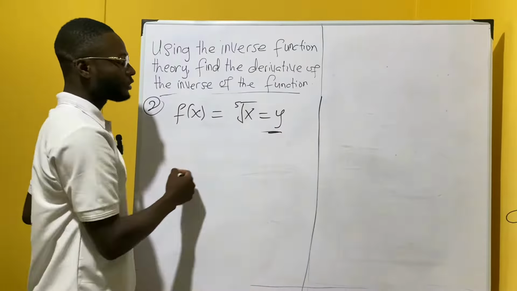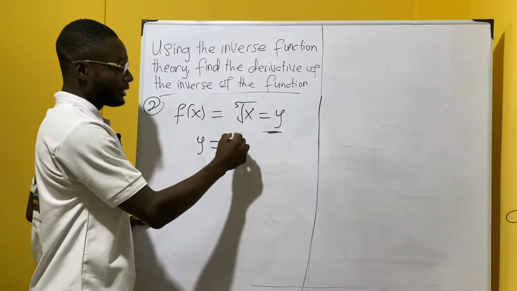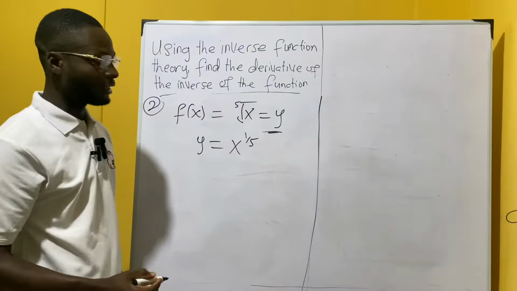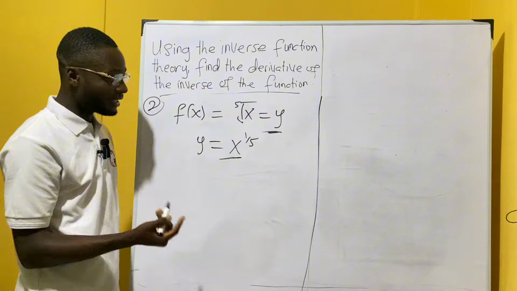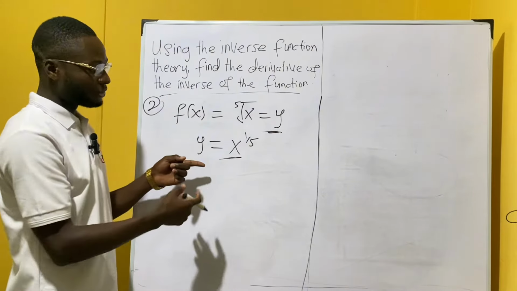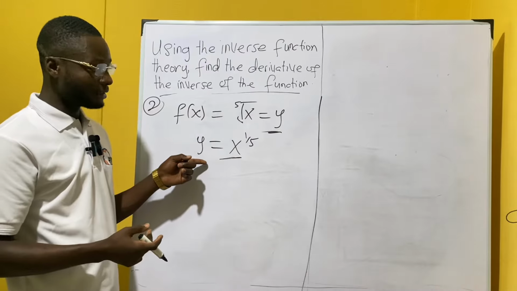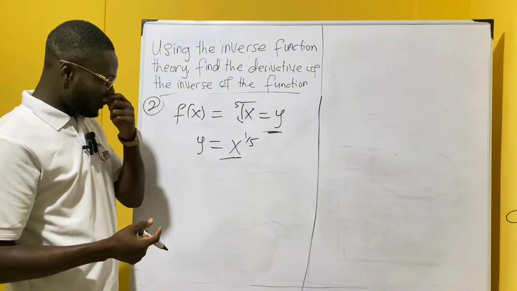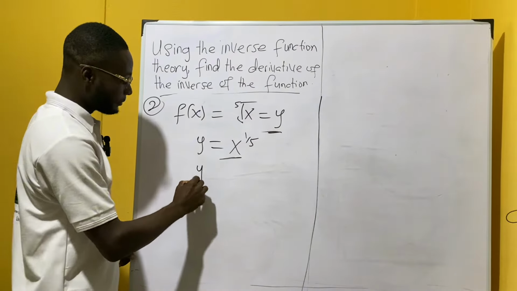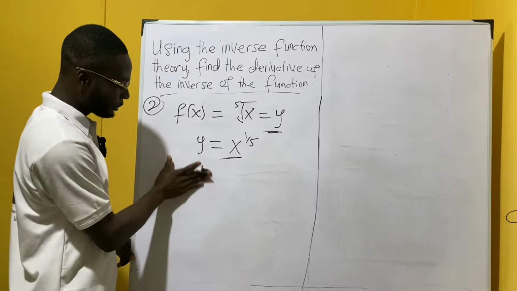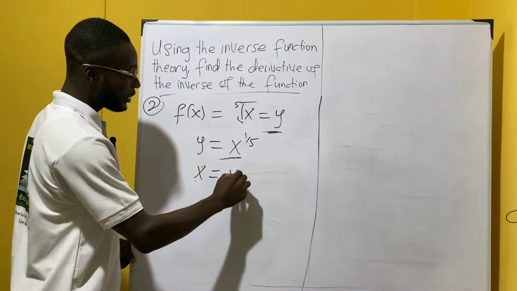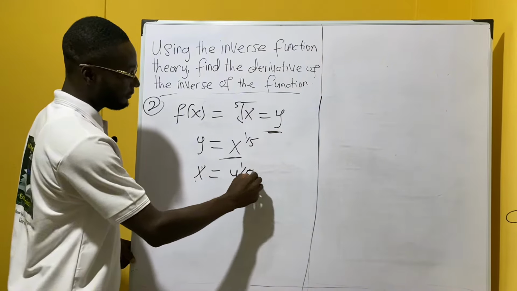So if this is equal to y, then we know that this is x power 1 over 5, right? So if we are to find the inverse of this, we already know that when we interchange the position of the x and y, it's going to be the same, right? Let's interchange the position here, and we have y power 1 over 5, right?